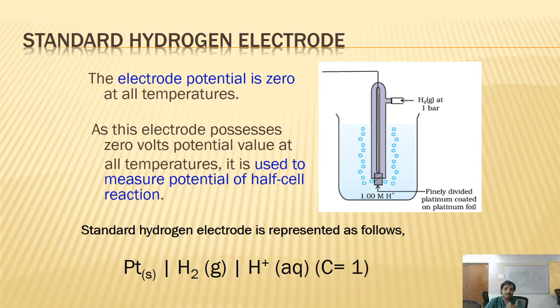It is used to calculate the potential of other metals, and the reducing potential of other cells. So it is very important as a reference electrode. Okay. Now, the standard hydrogen electrode is represented as given below.